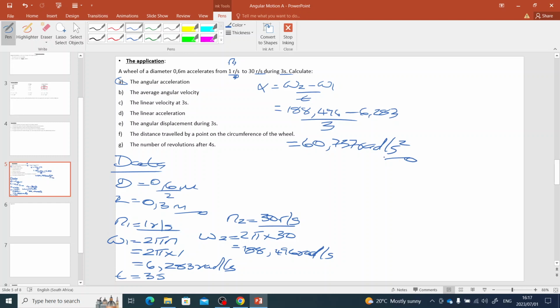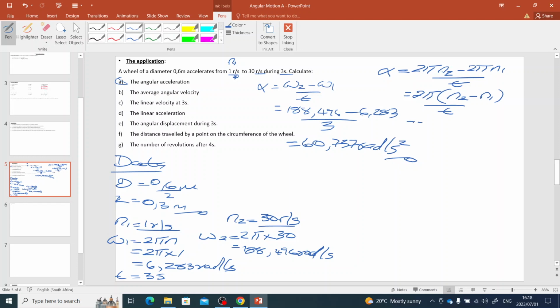Now, another approach to this equation, let's say we didn't convert our n to omega, then you are going to say angular acceleration equals 2 pi n2 minus 2 pi n1 divided by time. Then you make 2 pi the common factor, then you are having 2 pi times n2 minus n1 over time.